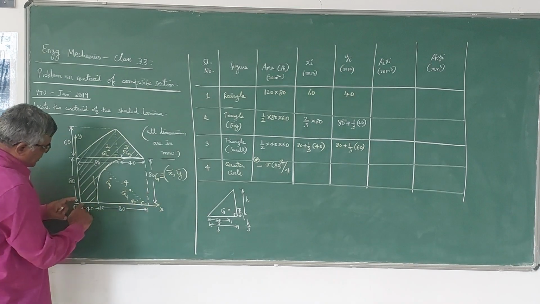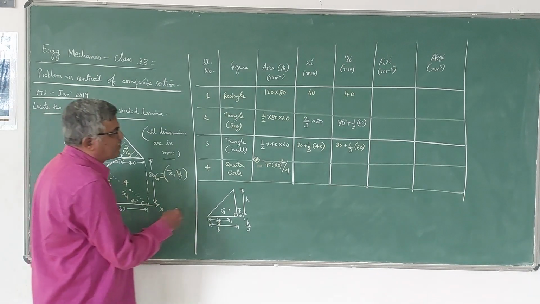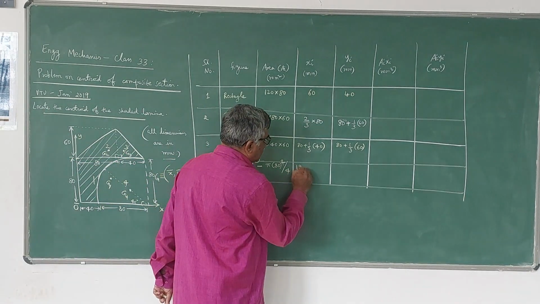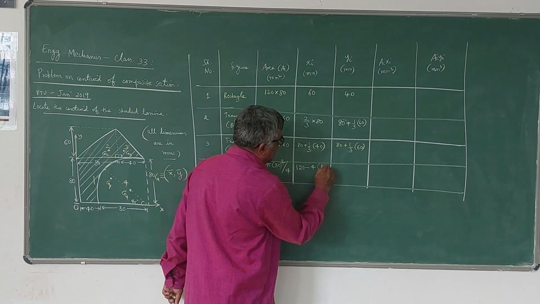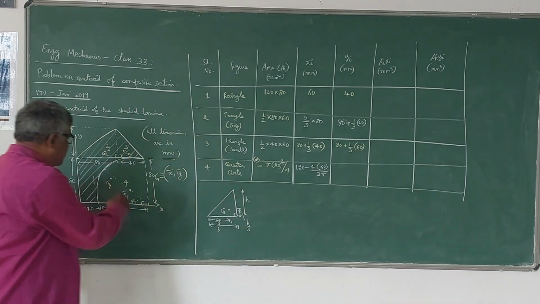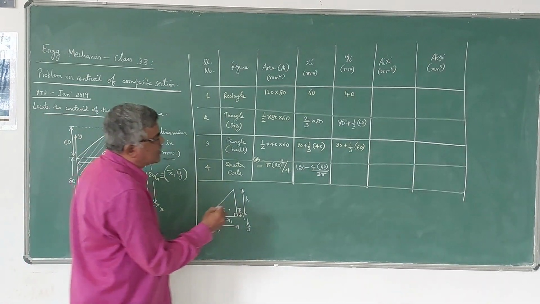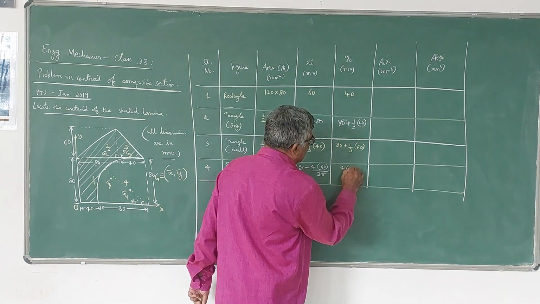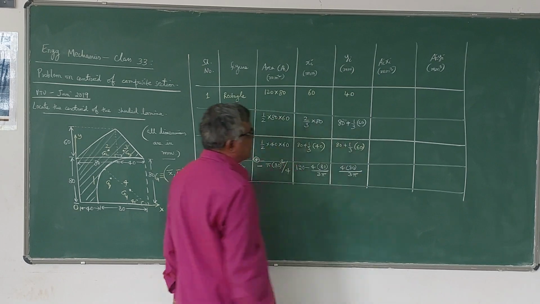Therefore, what I have to do is the total distance 120 minus 4r by 3 pi. So the x distance is 120 minus 4 into 80 divided by 3 pi. That is the x distance. The y distance from the x-axis is 4r by 3 pi, so it is 4 into 80 by 3 pi. So these are the x and y distances.